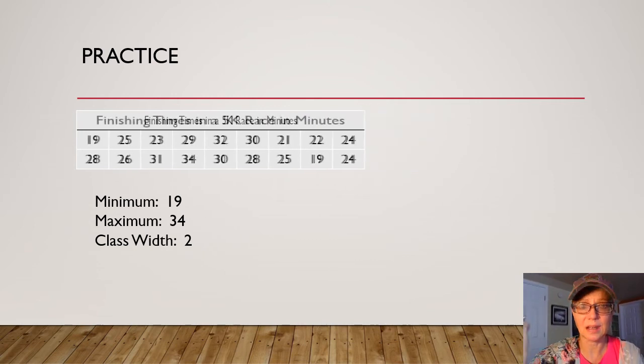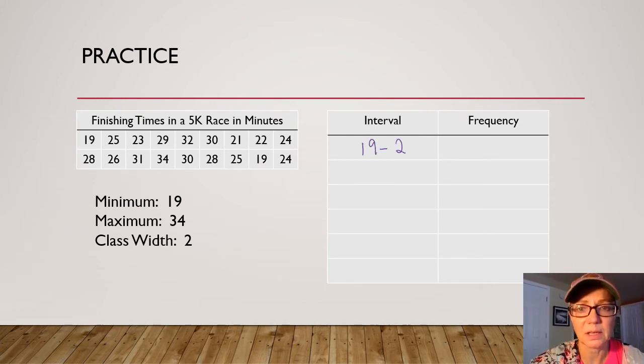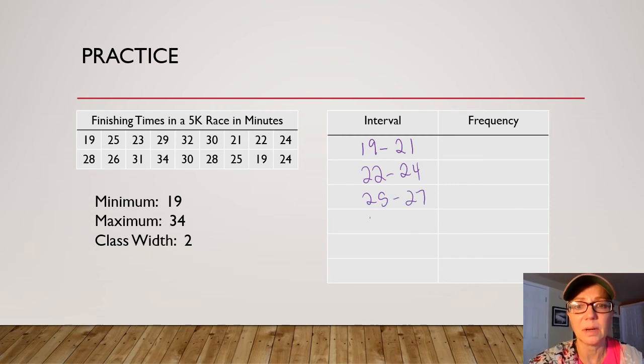And I'm going to create my table. Now, if I'm using a class width of 2, then my first class is from 19 to 21. Then I have 22 to 24, 25 to 27, 28 to 30, 31 to 33, and 34 to 36.